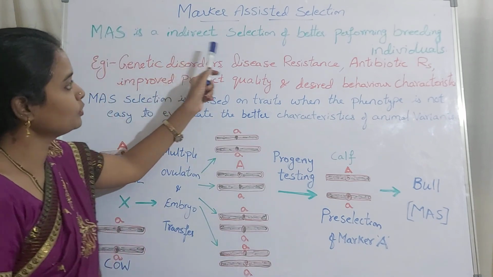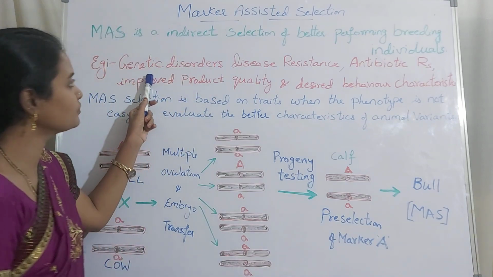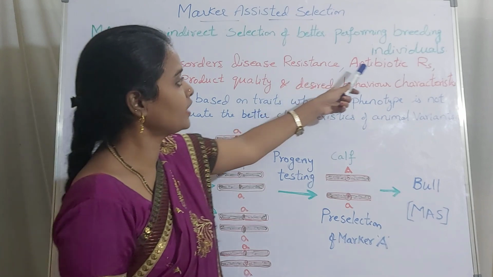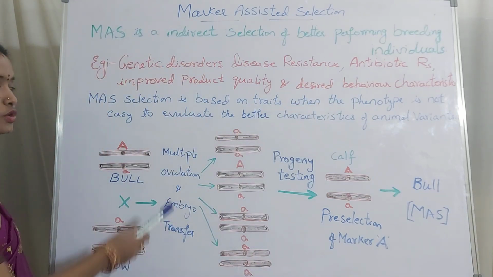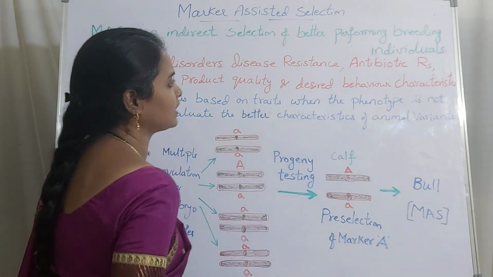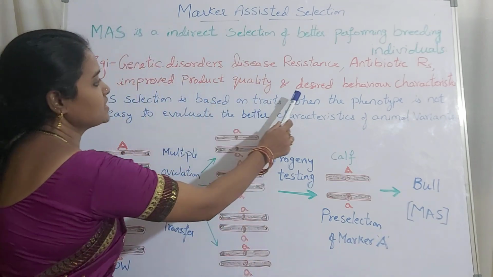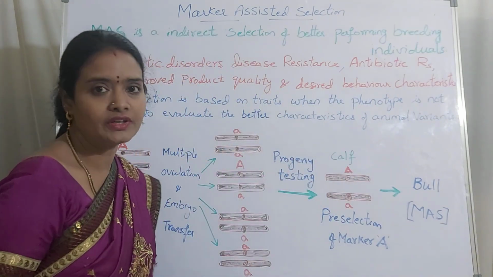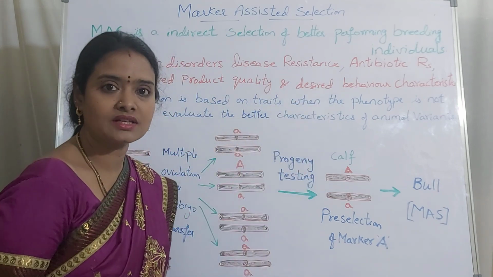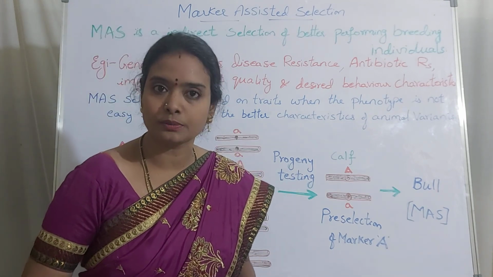So what do we mean by better performing breeding individuals? They must be free from any genetic diseases or disorders, disease resistant, antibiotic resistant, produce good or improved quality products, and show desired behavioral characteristics. Some of these characters can be observed phenotypically, but disease resistance and antibiotic resistance must be evaluated by checking the genotype of the organism.